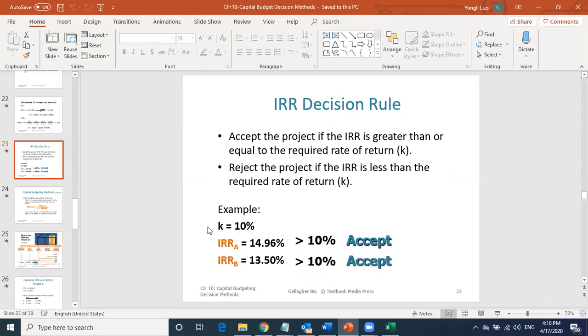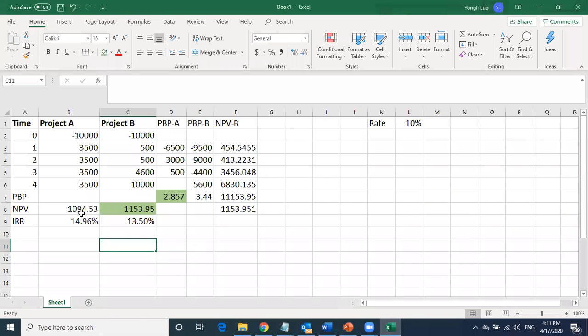If you have to choose one because the two projects are mutually exclusive, you choose the higher internal rate of return.